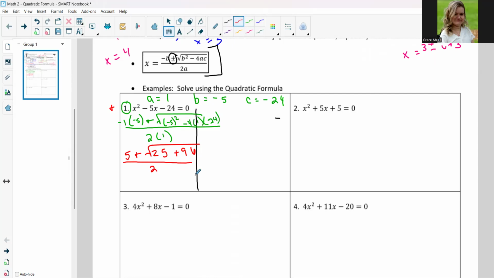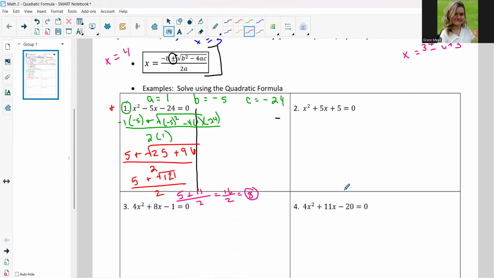Underneath the square root radical, as we call it, 96 plus 25 is 121, divided by 2. Some people don't split up the plus or minus until this step, and that's fine too. It works the same way. Now if I take the square root of 121, that would be 11. So I'm going to do 5 plus 11 divided by 2. 5 plus 11 is 16, divided by 2, and that gives me 8.